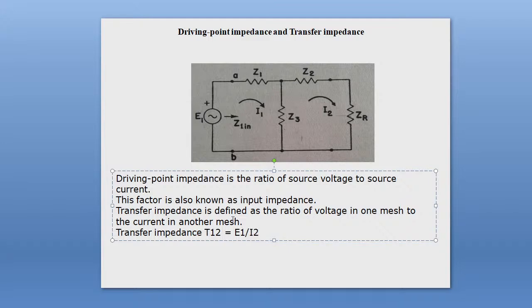Impedance is always represented by a capital letter Z. Therefore, the transfer impedance is the ratio of voltage in one loop to current in another loop. This is the transfer impedance.